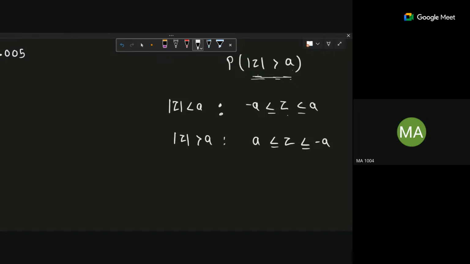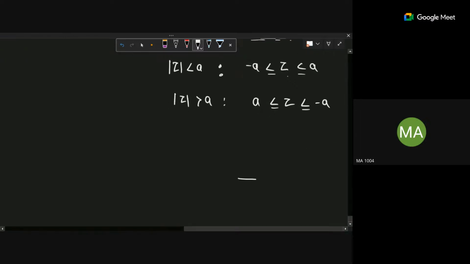If it is like this, and we know that Z is normally distributed, then minus A will be here and A will be here, right?